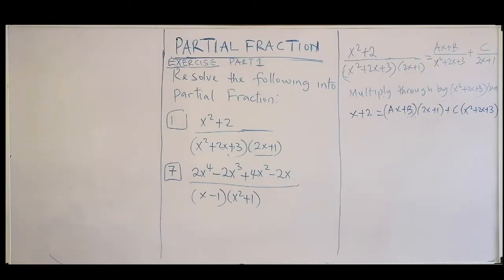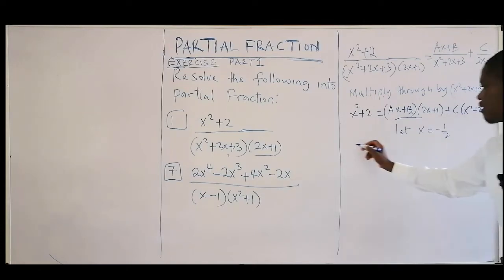Then what can we do now? Let's get one of the variables. Let x be equal to minus half, because if you put minus half here, you're going to have minus 1 plus 1, so this one will be times 2 and you can get your c.